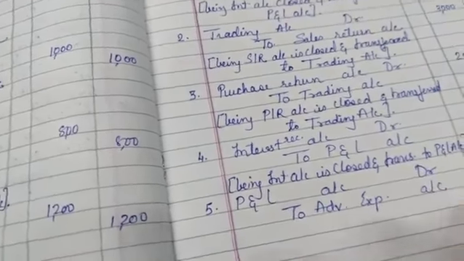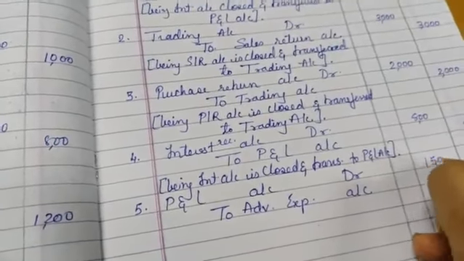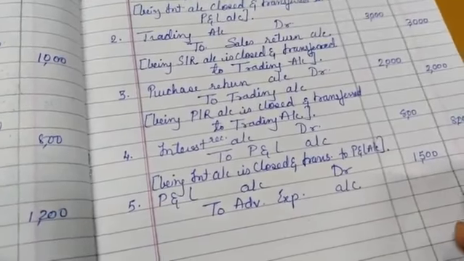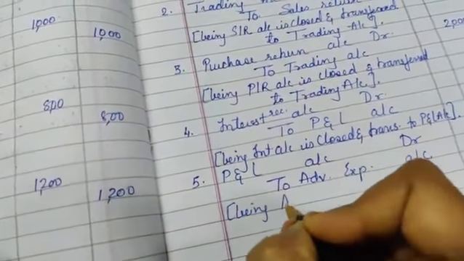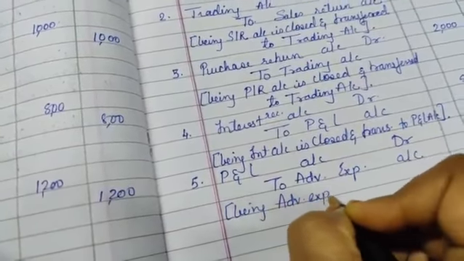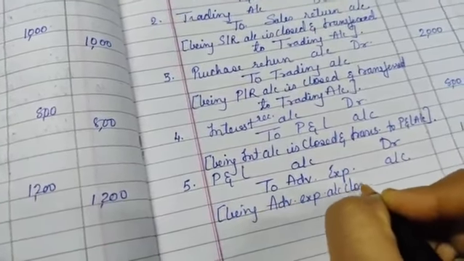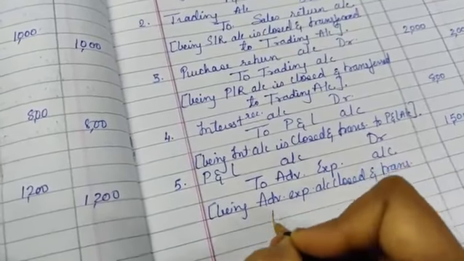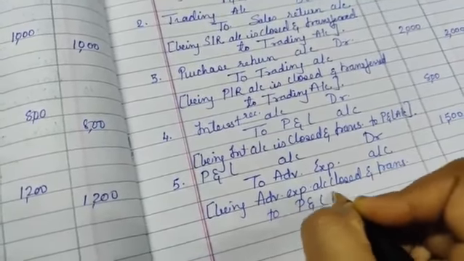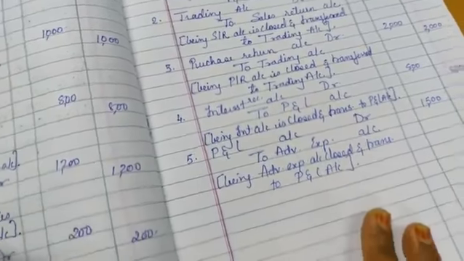Fine, the amount is 1500 and 1500. The narration will be being advertisement expense account closed and transferred to P&L account. Fine, this will be the narration.